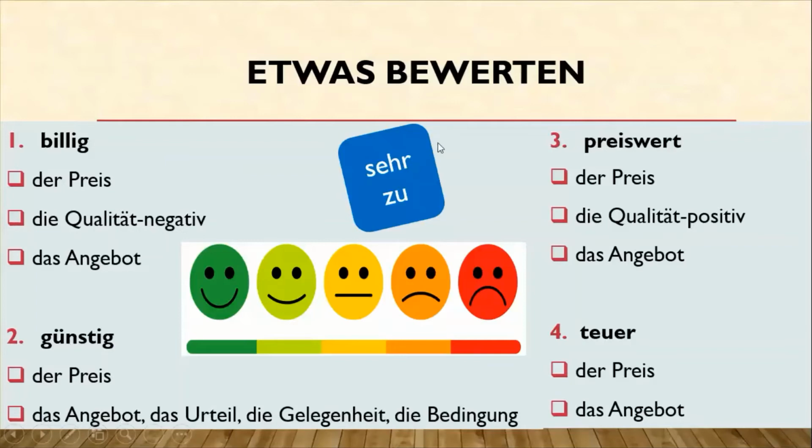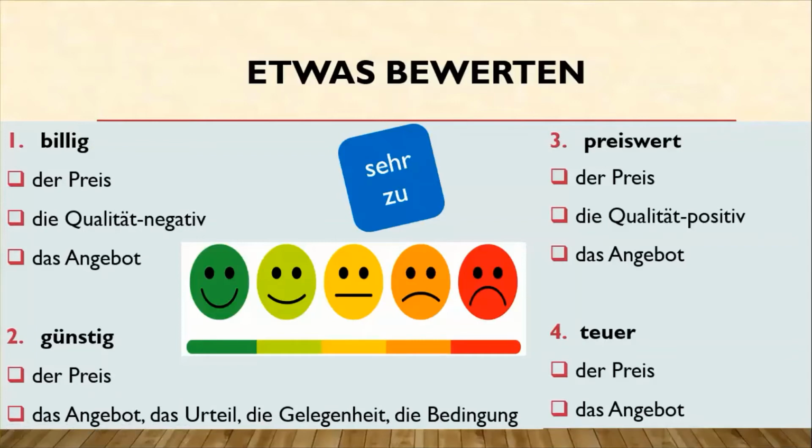Now for the time being, you only need to know, other than der Preis and die Qualität, about das Angebot. So don't worry about the rest of these words as yet.